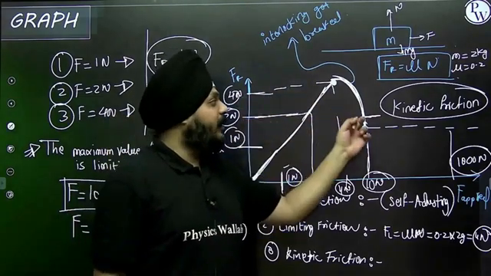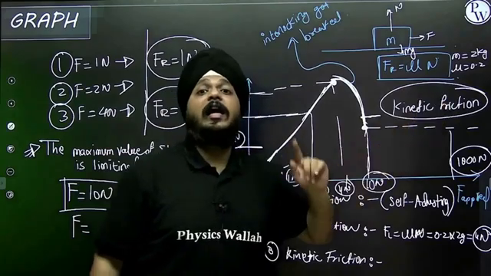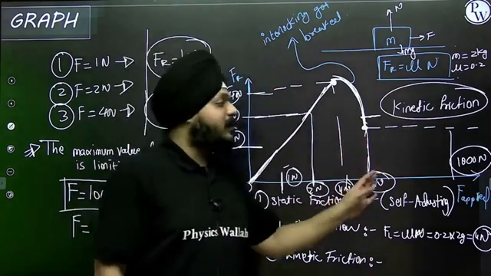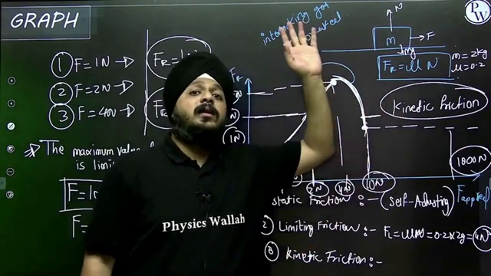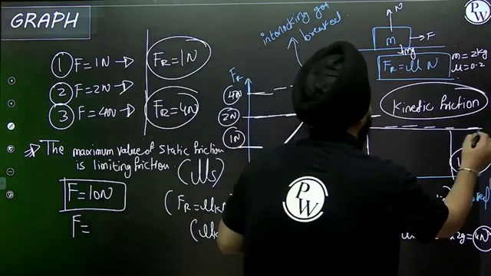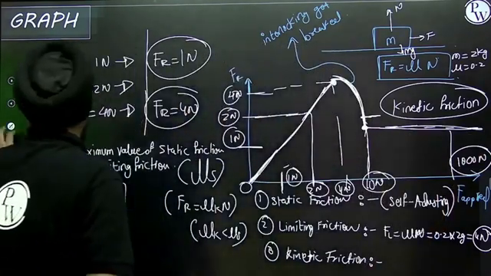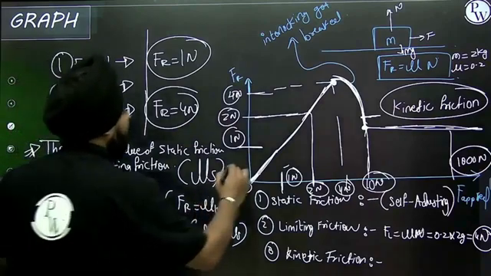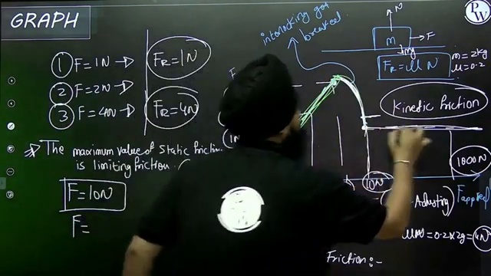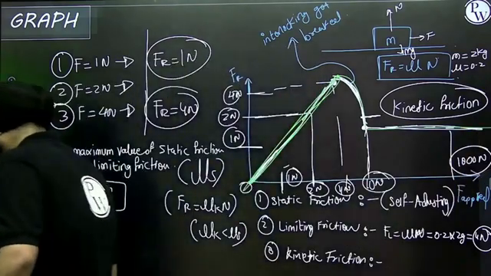After that comes the role of kinetic friction when the object is moving on a rough surface. Even if 1000 Newton is applied, kinetic friction is constant. So the graph is like this. It starts from here, moves to here, and goes like this.